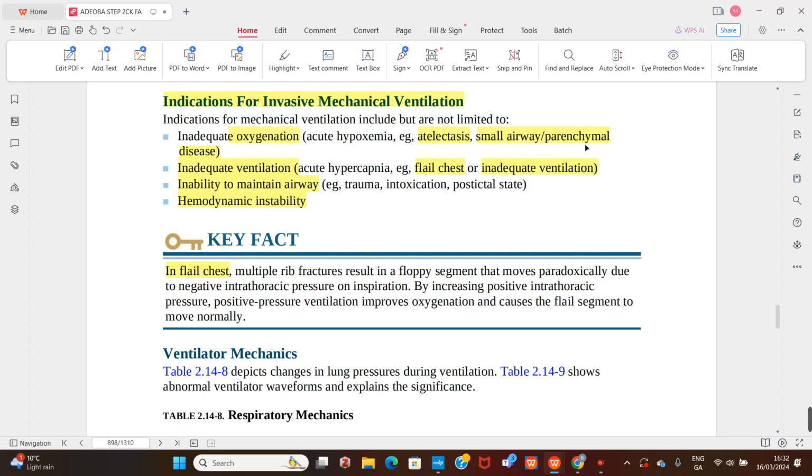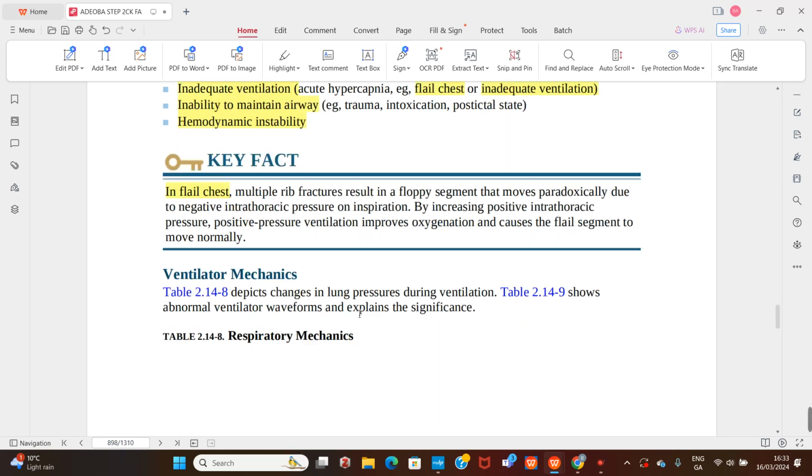So the solution to the ventilation problem is to take over the breathing and also deliver a positive intrathoracic pressure to force out the ribs that are moving inwards during inspiration so that they can move outwards and you can generate the right pressure to take air into the lungs.